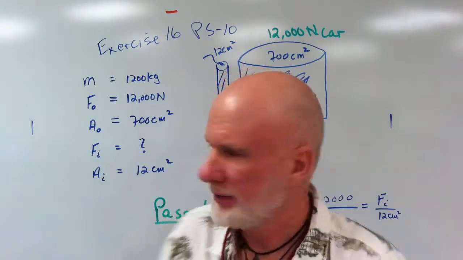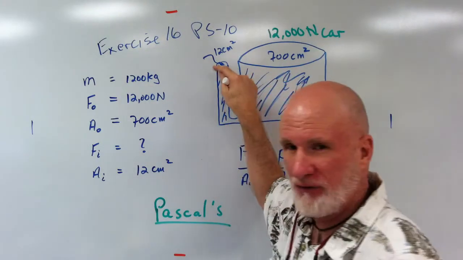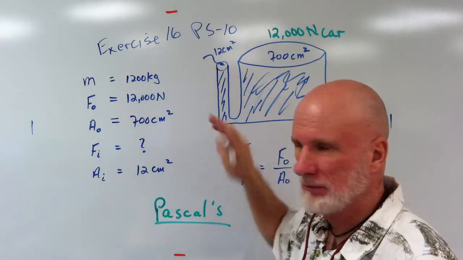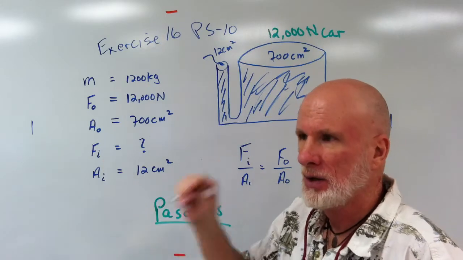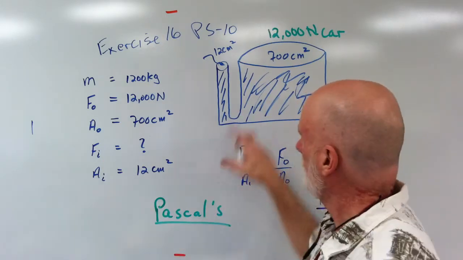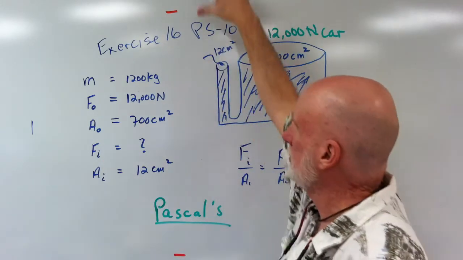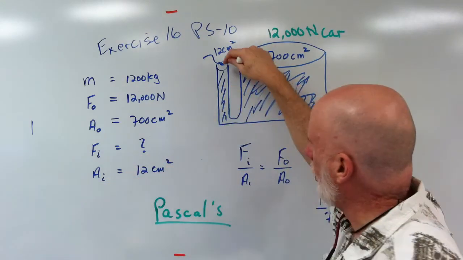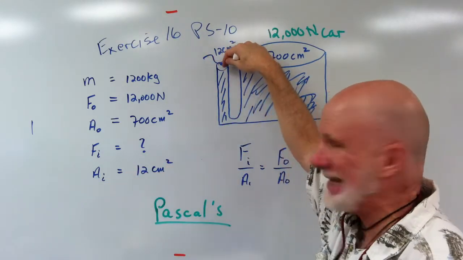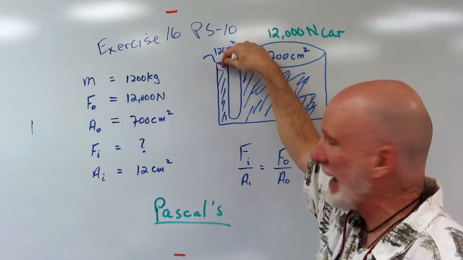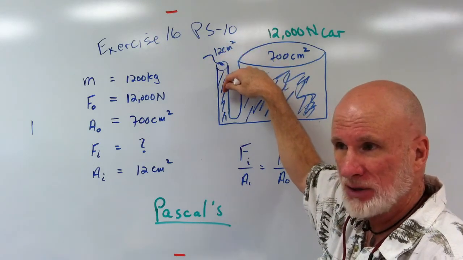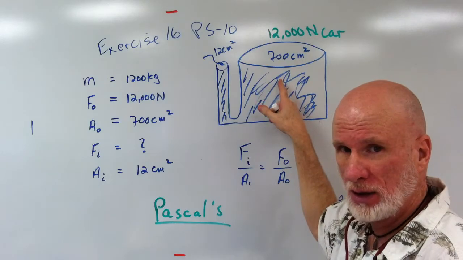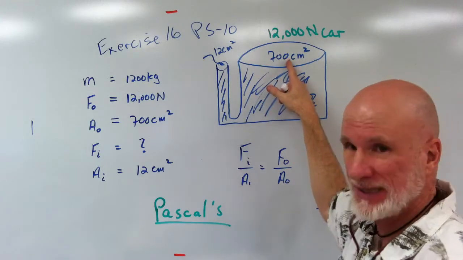We're not talking about how far we have to push this down. What we're simply talking about, that this can be very long, but it's what force do I have to apply here so that the car will be lifted by that piston?